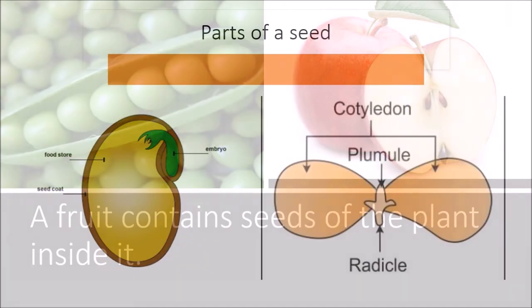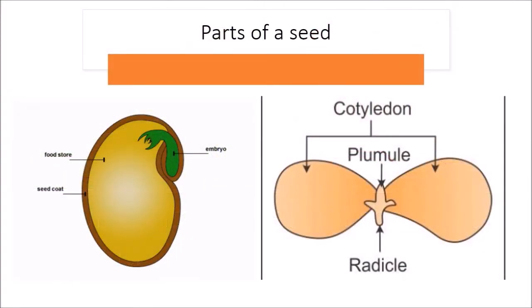What is a seed? A seed is actually the reproductive unit of a plant, which can be used to grow into a new plant. The seed contains a small baby plant, or you can say a young baby plant or embryo, and the food for this baby plant is also contained within the seed.